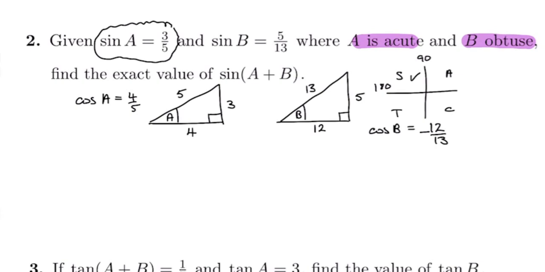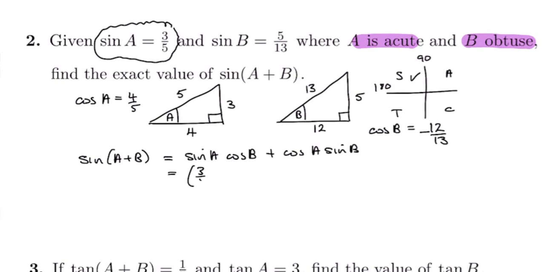be negative. Then I want to work out the exact value, and of course sine of A plus B is sine A cos B plus cos A sine B. I'm going to put in what I know, that sine A is 3/5 multiplied by cos B is negative 12/13, plus cos A, of course, is 4/5, and sine B was 5/13.